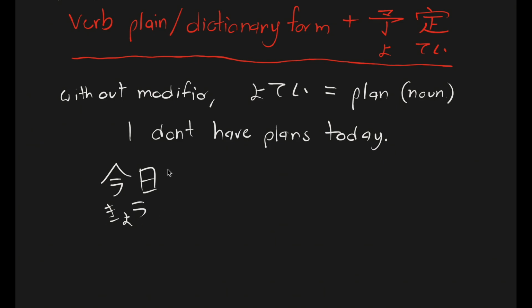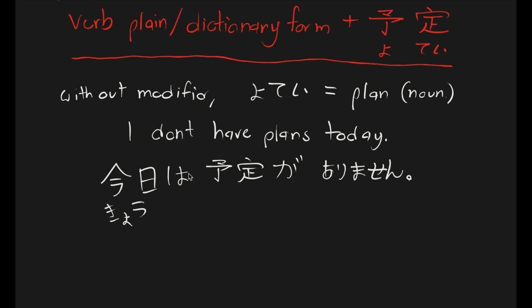So we do kyo wa. And then yote. I'm going to write the kanji for yote here. Yote ga arimasen. So kyou wa yote ga arimasen. I don't have plans today.